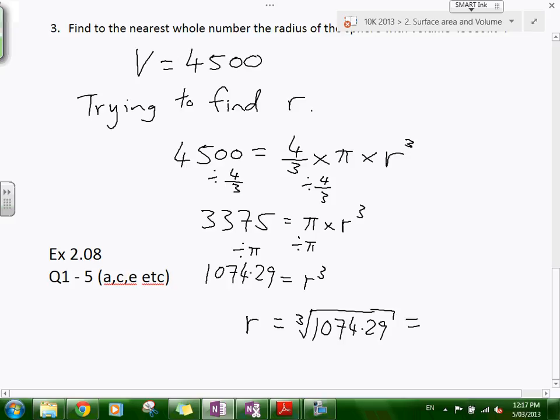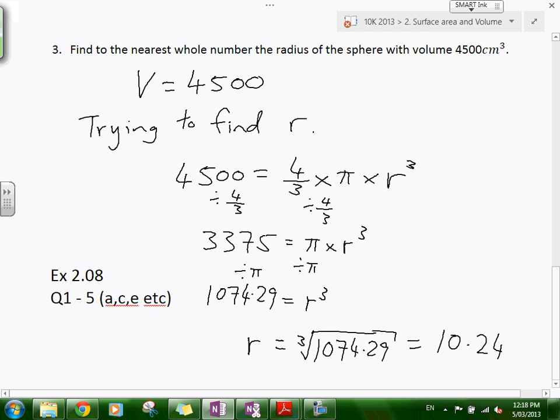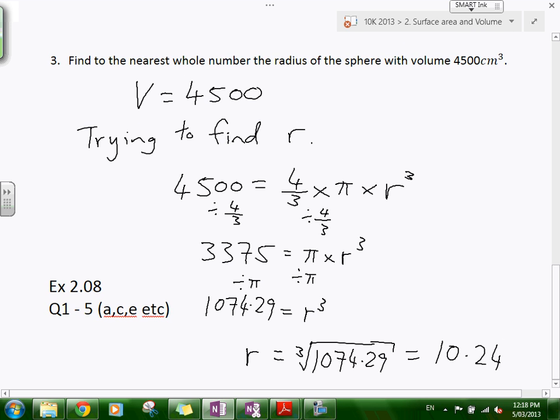Brooks, you got it? The cube root of 1,074.29. Basically find it. 10.24. But we need to find it to the nearest what? The question says, find to the nearest whole number.